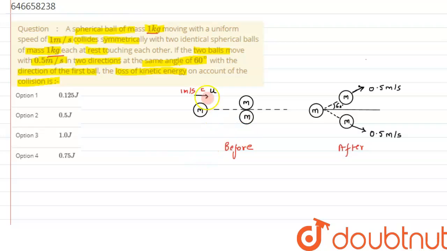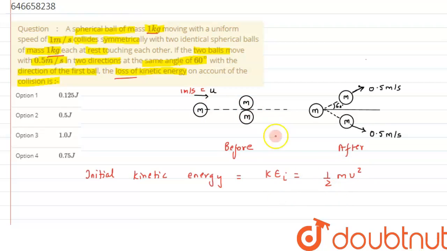Now we are interested in finding loss in kinetic energy. Loss in kinetic energy can be written as kinetic energy before minus kinetic energy after, or kinetic energy initial minus kinetic energy final. Initially these two masses are at rest, so the initial kinetic energy Ki is equal to half m u square.